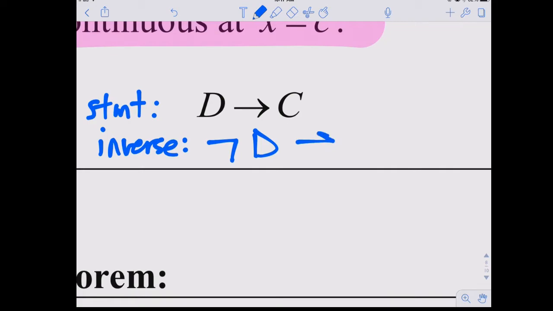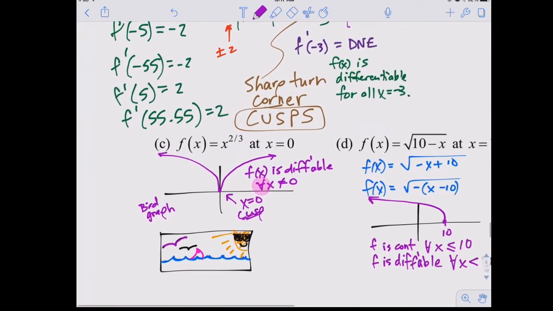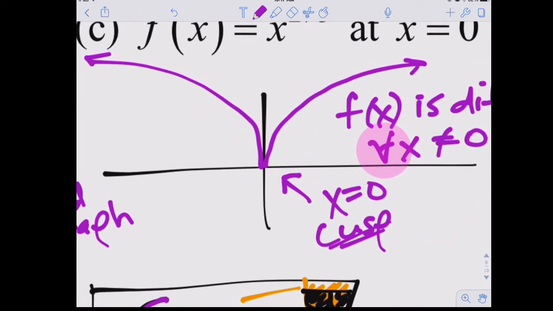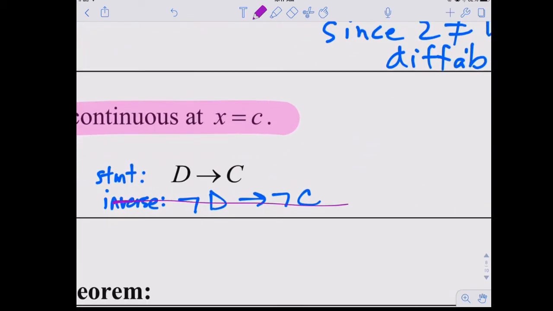That's what that little symbol in front means. It means not. Is that true? If a function is not differentiable, then it's not continuous. Is that true? No. Counterexample? Will any of these work? Will this one work? Yeah, there was a function that was not differentiable at 0, yet it was continuous. So this is not a true statement.